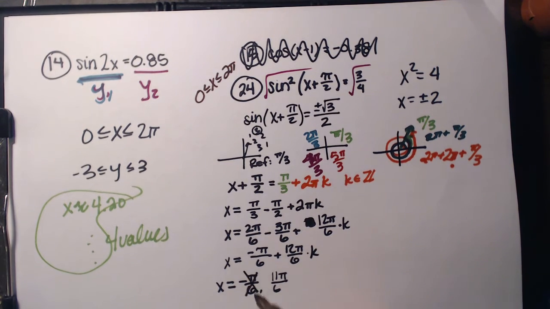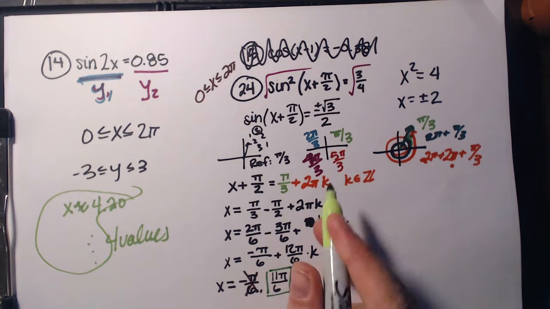That's smaller than 0. And anything bigger, so if we added another 12, so 23 pi sixths, that's bigger than 2 pi. So that is the only one from this angle.